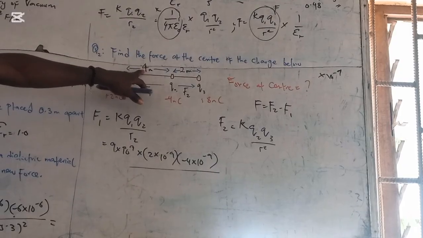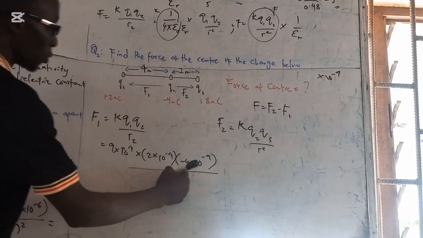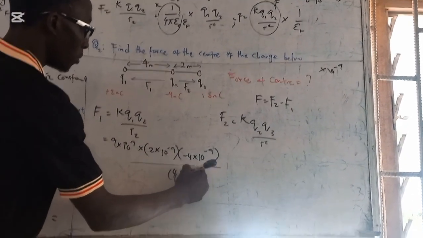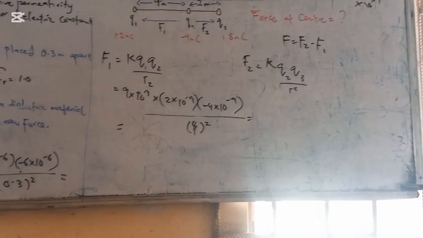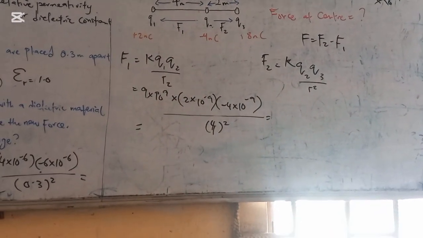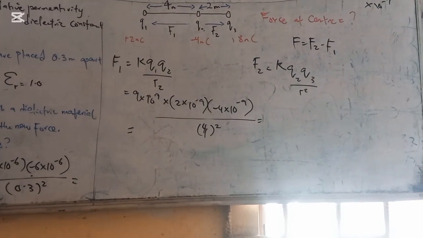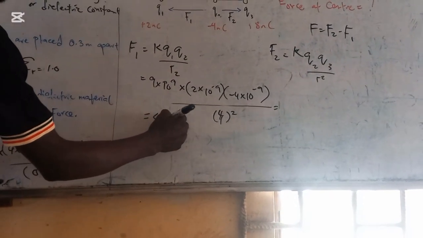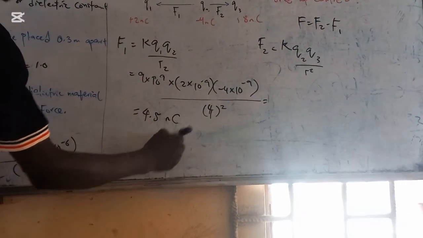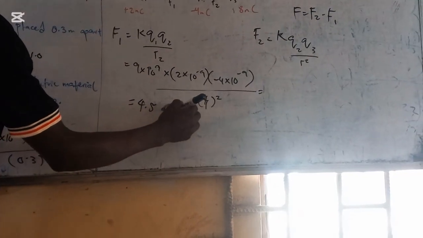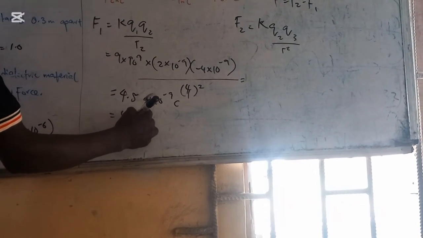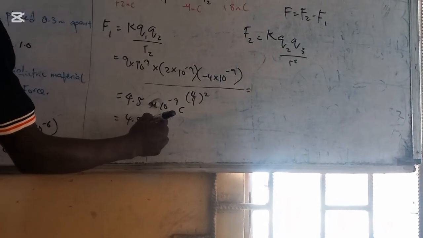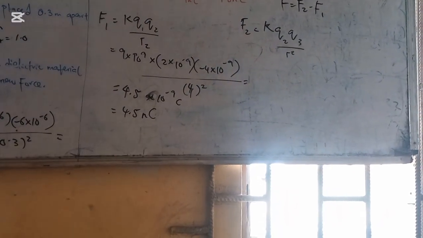The R here is 4, so we have 4 squared. So now, calculating that on our calculator, we have 4.5 times 10 to the power minus 9, that is 4.5 nanonewtons.